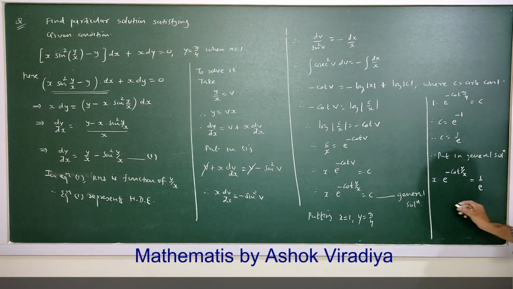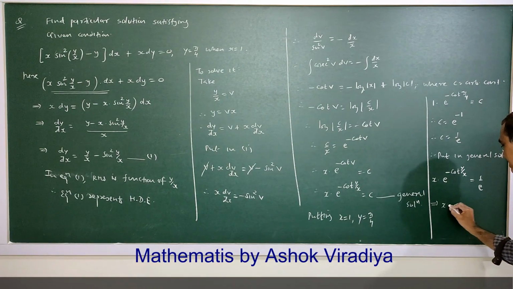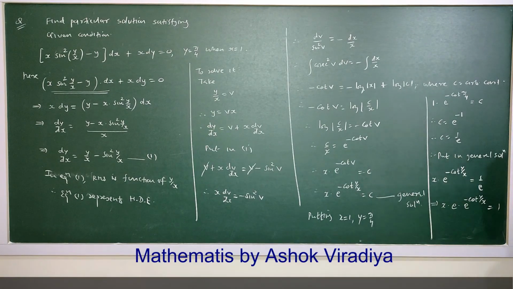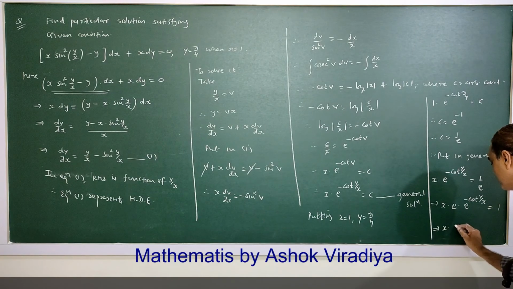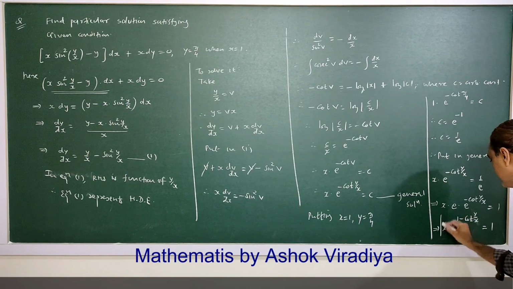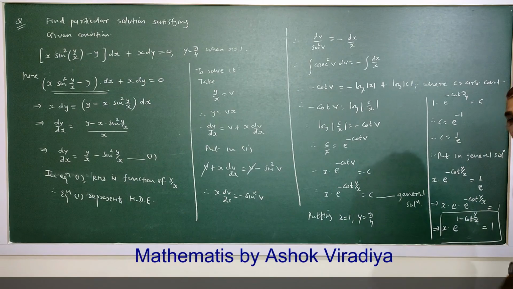So simplifying more, this can be expressed as x into e into e raised to minus cot y by x equal to 1. So that is x into e raised to 1 minus cot y by x equal to 1. This is required particular solution.